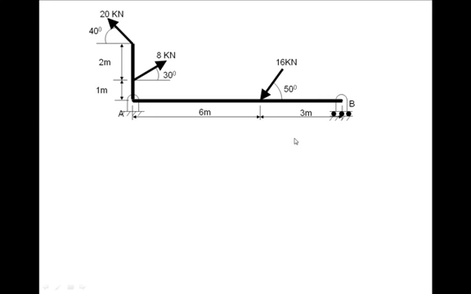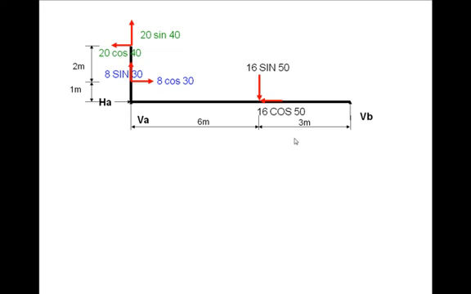This problem is again similar: replace the supports by appropriate reactions, and inclined loads are converted into horizontal and vertical components. Then all we have done is write sigma Fx, all the forces in the horizontal direction: HA, 8 cos 30, minus 16 cos 50 and minus 20 cos 40.